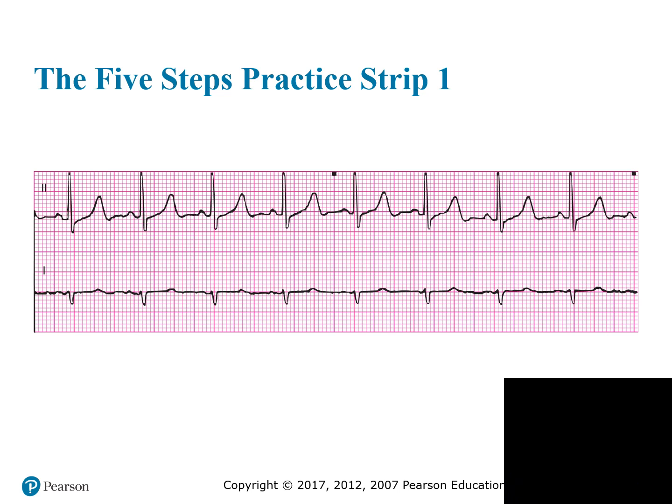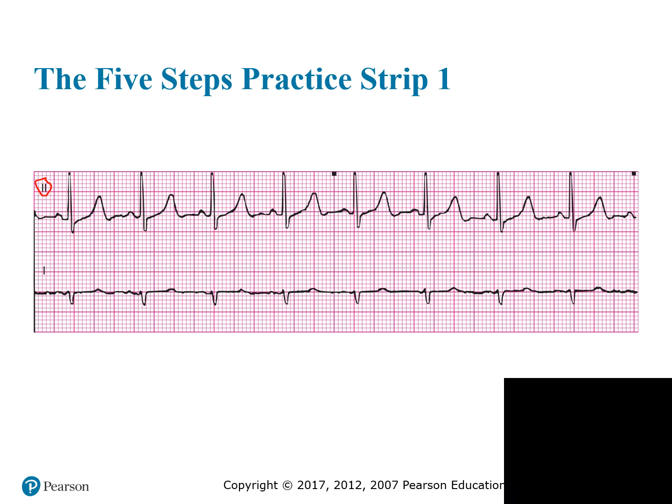Whenever you see a two-line rhythm strip where it says lead 1 and lead 2, you take the best rhythm in which you can possibly see a PQRST, which just happens to be our top rhythm. So lead 2 happens to be our best choice because we can see our P, Q, R, S, and our T. I'm going to write in red so you can see.